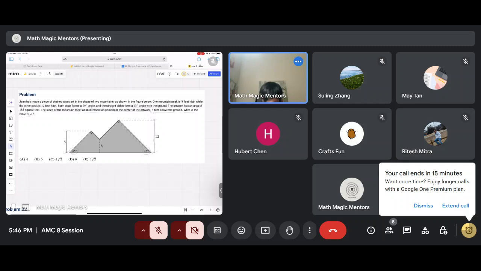And the straight sides form a 45-degree angle with the ground, and the total artwork has an area of 183 square feet. And so the sides of the mountain meet at an intersection point, right here, near the center of the artwork, which is h feet above the ground. And so what is the value of h?